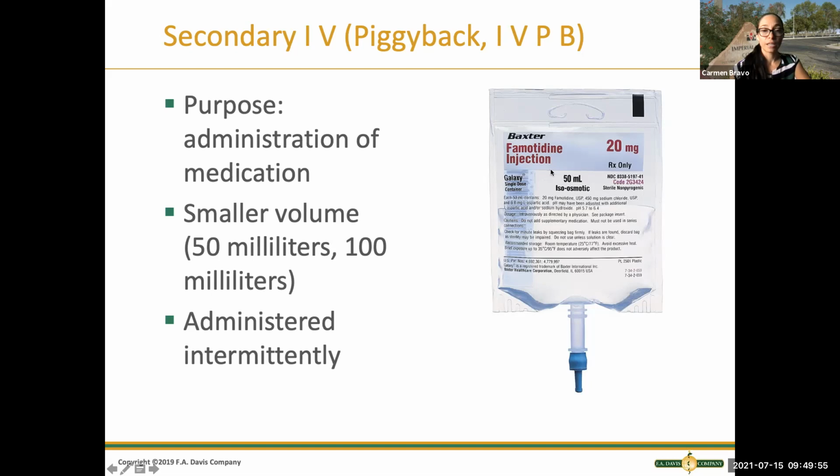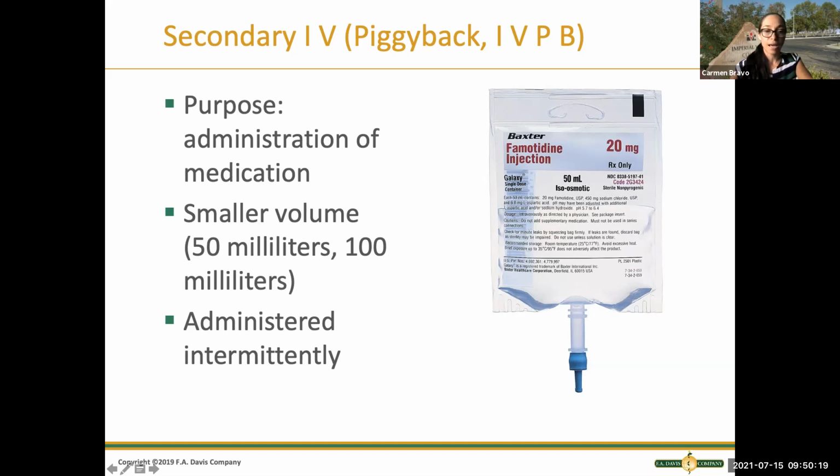These are like if I'm going to give famotidine, this is for the stomach, it's an acid reducer. If I give famotidine every 8 hours, every 8 hours I'm going to go hang a secondary bag, and it's probably going to infuse within 30 minutes, and then it'll be infused. So that's what this means. Administered intermittently.